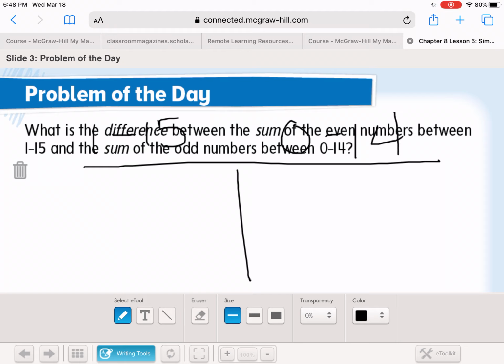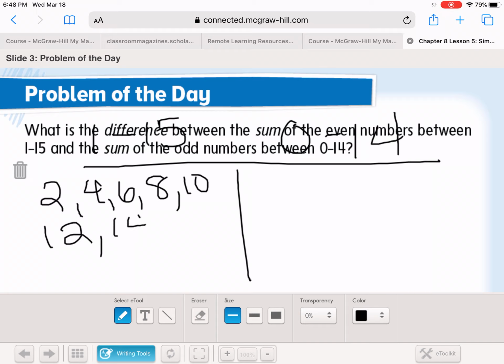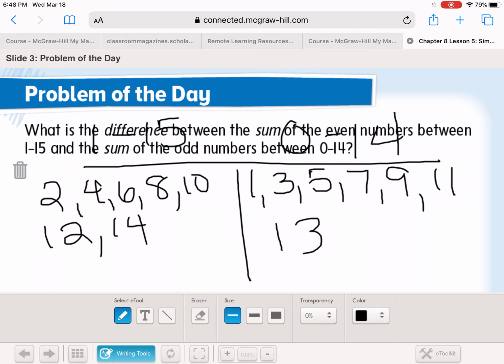What is the sum of the even numbers between 1 to 15? The even would be 2, 4, 6, 8, 10, 12, 14. And the odd numbers 0 to 14: 1, 3, 5, 7, 9, 11, 13.